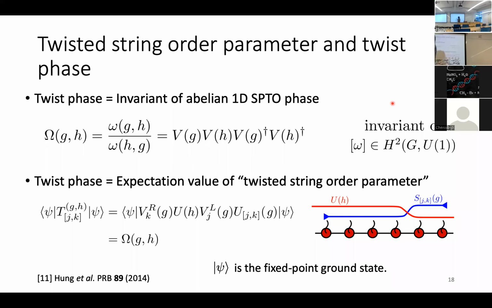It is something we call a twist phase, which is the ratio of omega g comma h divided by omega h comma g. We can show that this is an invariant of the cohomology class, the so-called slant product. It's literally just, if I take the projective representatives of G and H and look at their group commutator, it gives me this twist phase.